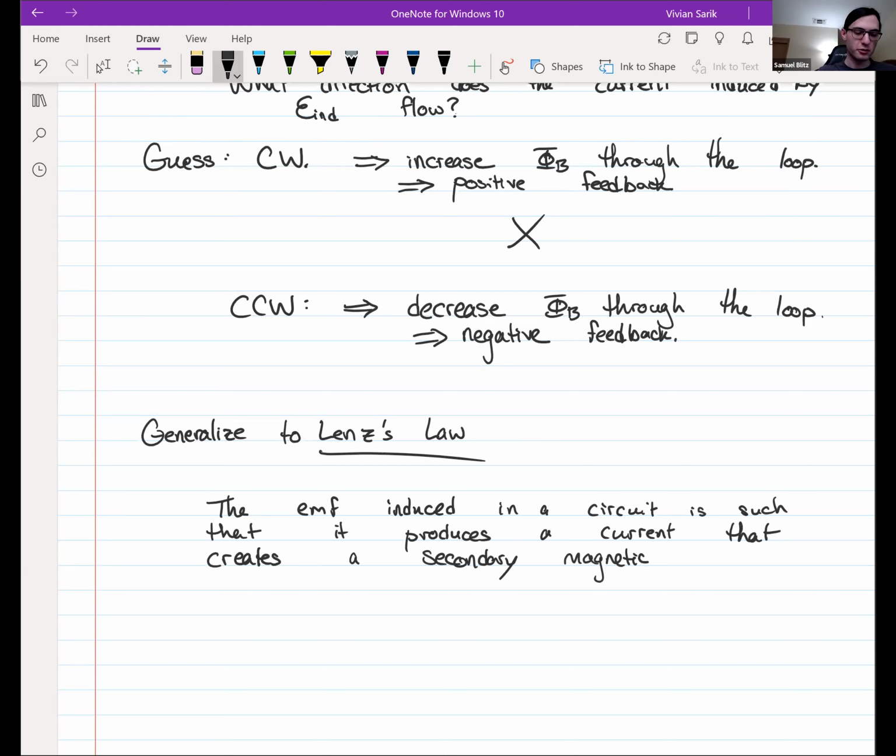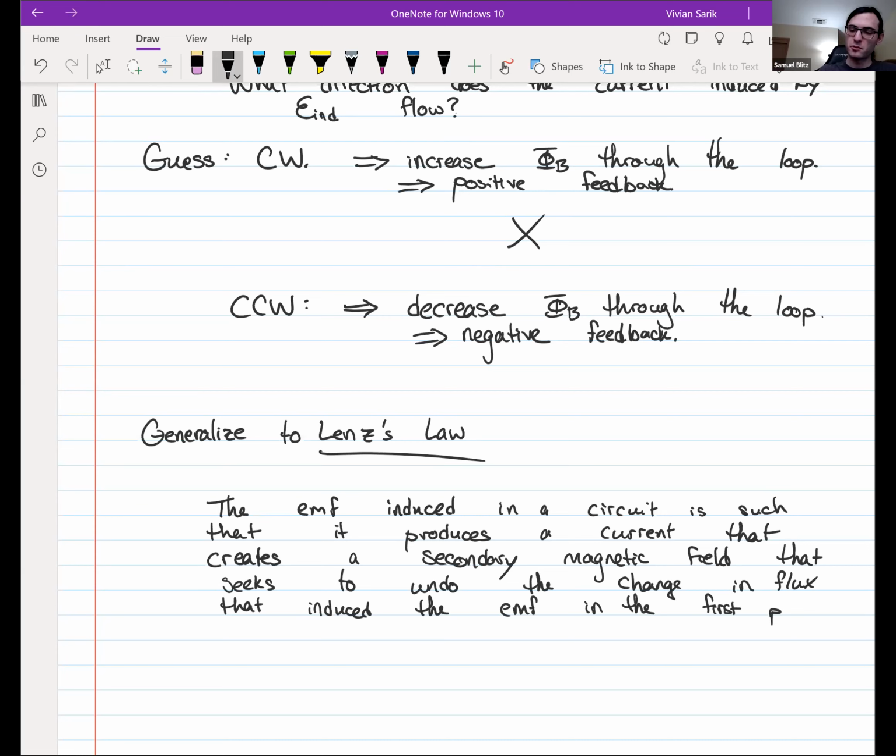Secondary magnetic field that seeks, and obviously it doesn't seek, we're anthropomorphizing it here, but it seeks to undo the change in flux that induced the EMF in the first place. Put a box around this because this is actually super useful.